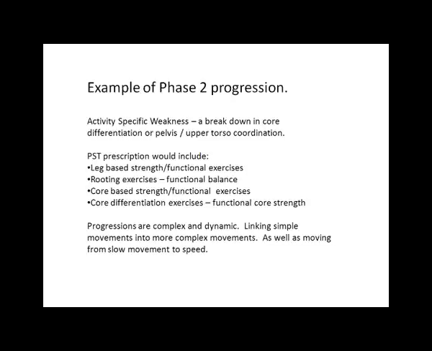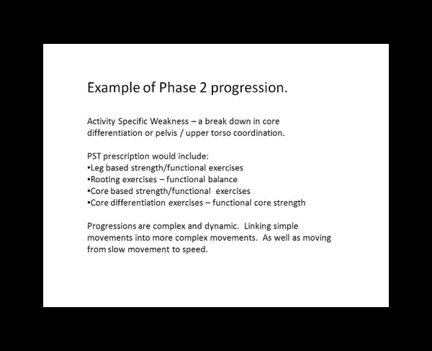Or we can also do things like push-ups or high plank to low plank with knee blast. So you're stabilizing the core, like you would in most activities, to isometrically stabilize an axis of rotation, and then you're introducing diagonal patterns at the same time.